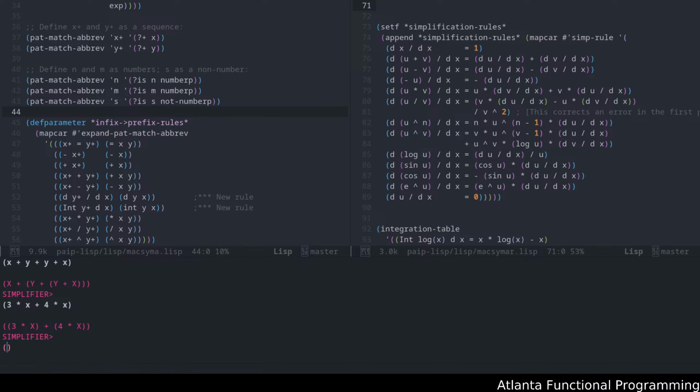But if it did 4 times x plus 4 times x. Okay, so it's able to actually recognize some of them, but not all of them. Okay, that's right.